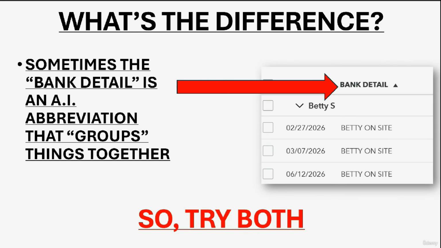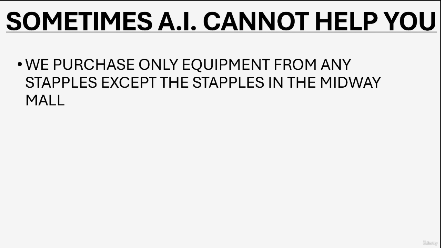Now, the second example that I would like to give you from my experience is a situation where the artificial intelligence cannot help you. Let's imagine we purchase only equipment from any Staples except the Staples in the Midway Mall. And notice this is a different Staples than the one that you're familiar with.